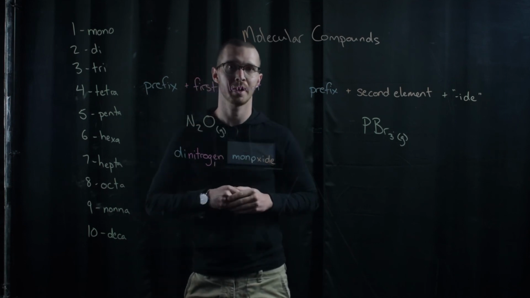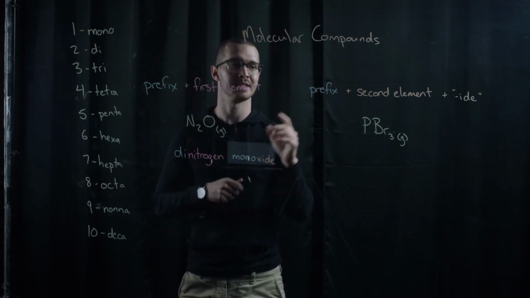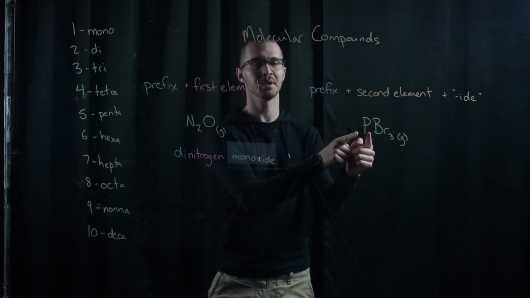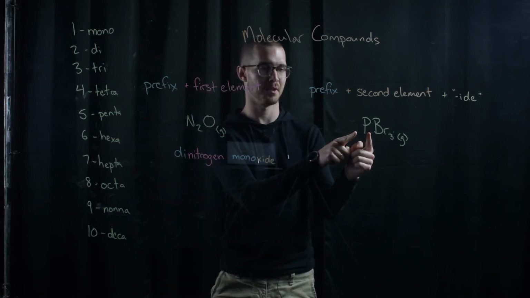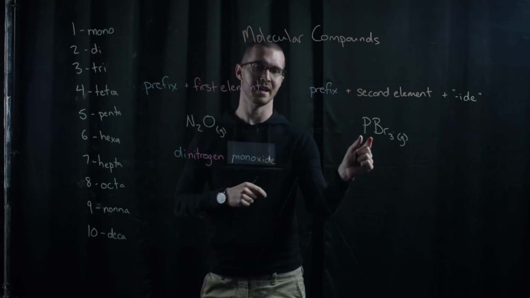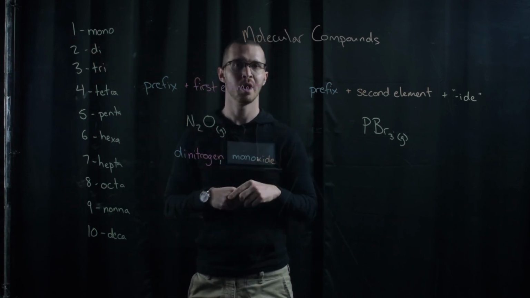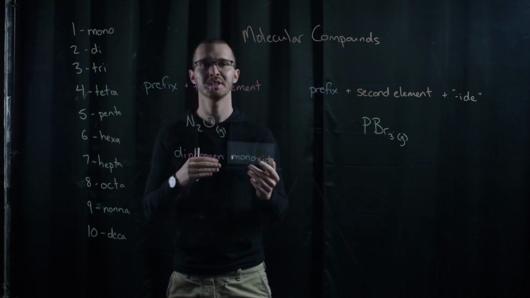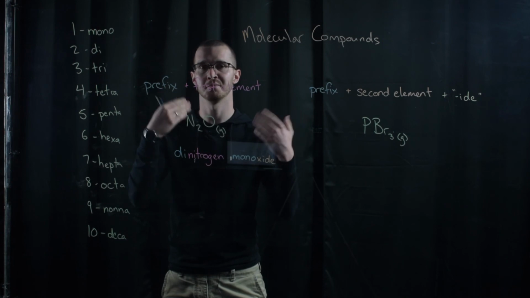Now, here's where it gets a little bit interesting: we need a prefix for our first element. The first element, there's only 1 atom involved in this molecule, but we're not going to start with mono. So if there's only 1 of the first element, we don't bother putting mono. We'll just write phosphorus. The only time we write a prefix is if there's more than 1.